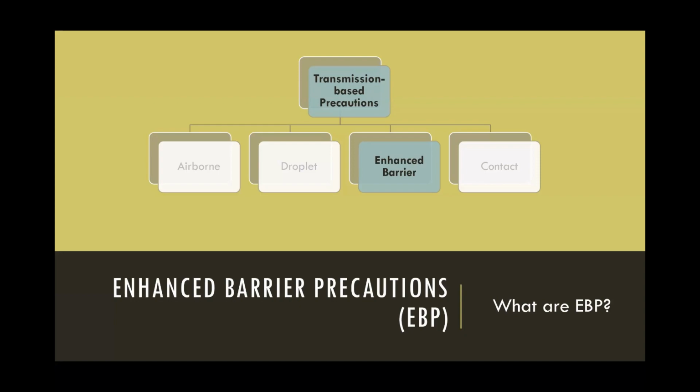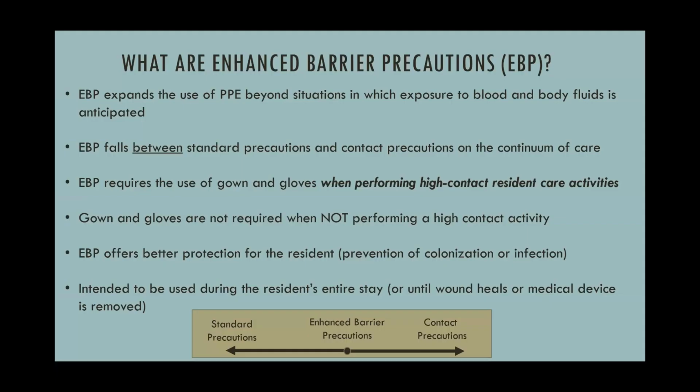What are enhanced barrier precautions? Enhanced barrier precautions expand the use of PPE beyond situations in which exposure to blood and body fluids is anticipated. They fall between standard precautions and contact precautions on the continuum of care.